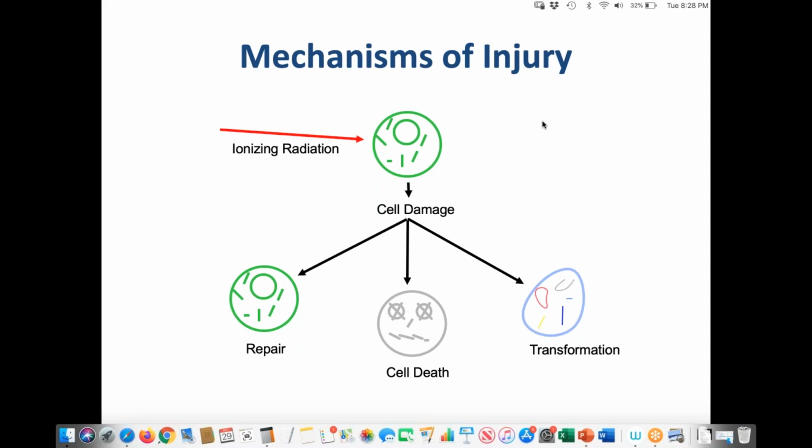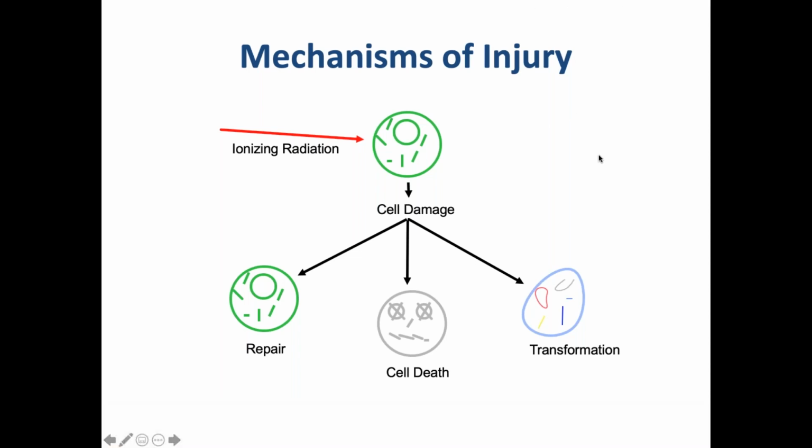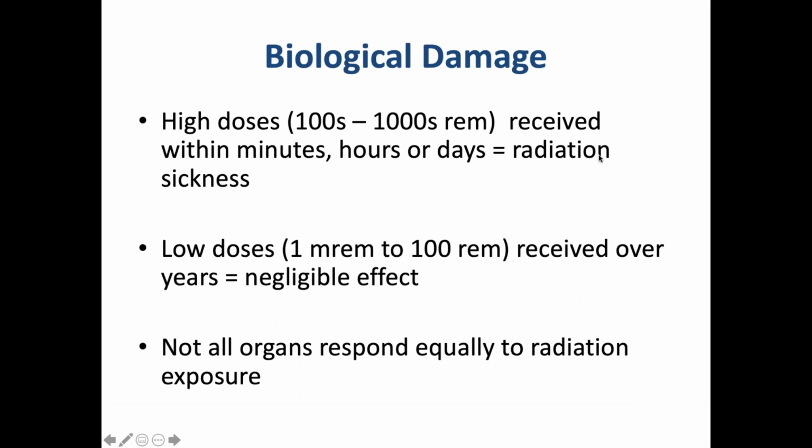In other words, you can have genetic damage to the cell. In that case, you could have all sorts of mutagenic and cancer causing and other issues that come up as injuries of that cell. So these are the basic mechanisms for injury in the cell.